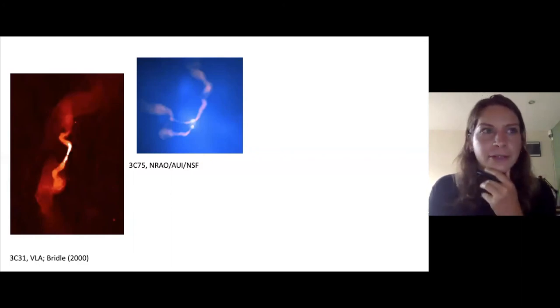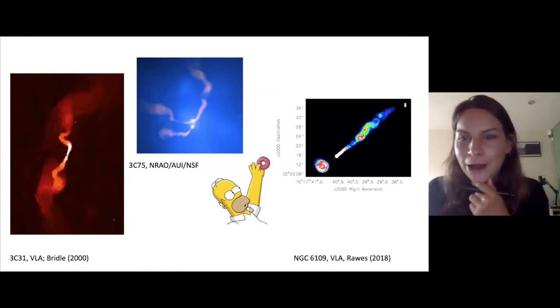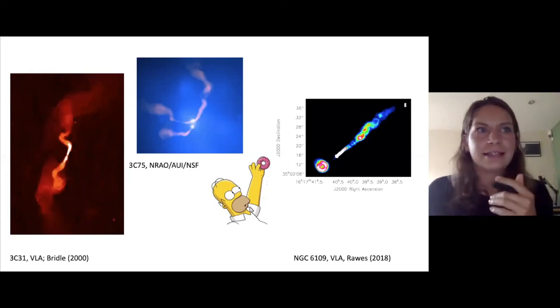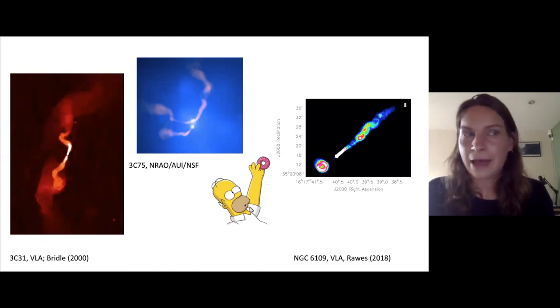And the final example I'm going to show you today is what I like to call the donut galaxy, for obvious reasons. This is a galaxy that I looked at for many years and was lucky enough to visit the VLA in New Mexico, the telescope array that I showed you earlier, when they were pointing the telescope at this object for new observations.